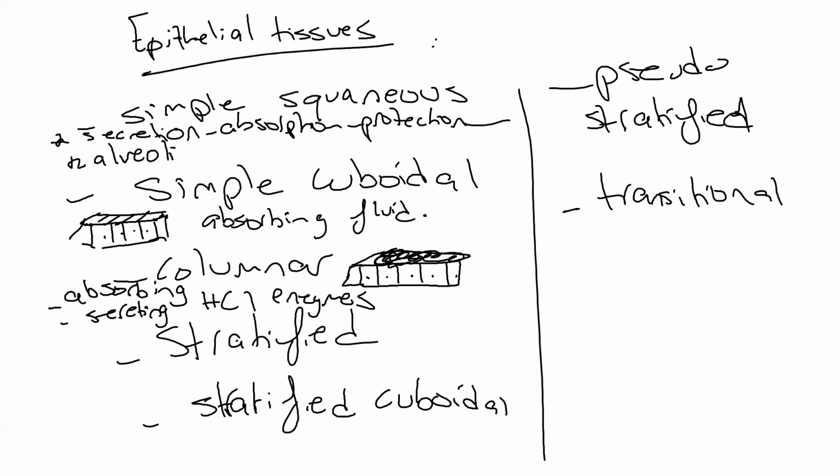We have the stratified, which is one of the biggest epithelial tissues that looks much bigger than the others. It looks like this. And it has a bigger role than the columnar and the simple cuboidal since it has a bigger structure, so the absorbing material is much higher.